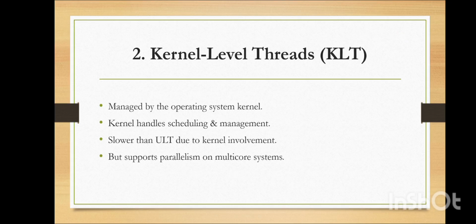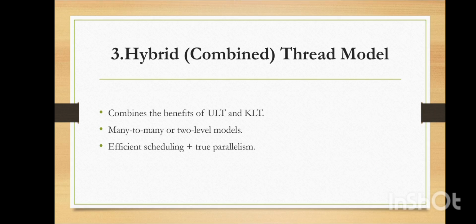Kernel level threads are managed by the OS kernel, slower to create, but they allow true parallelism on multi-core processors. Hybrid threads, a combination of both models. User threads get mapped onto fewer kernel threads, balancing speed and parallelism.